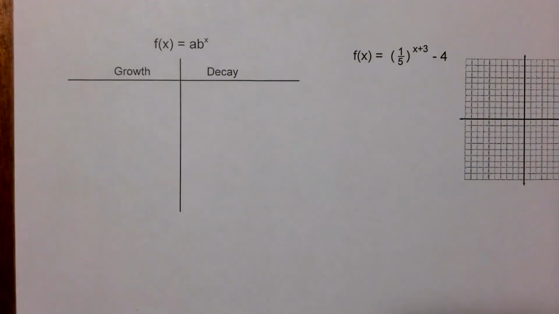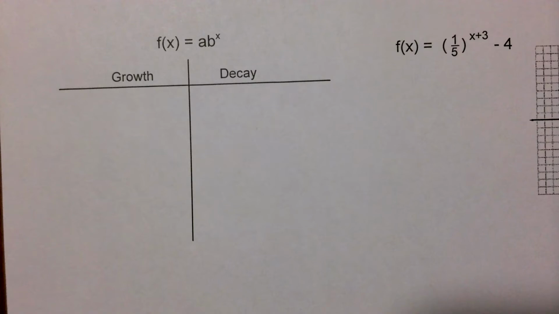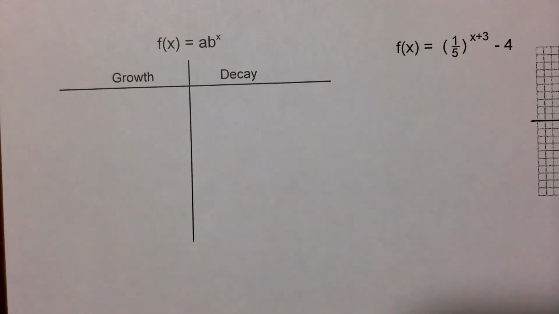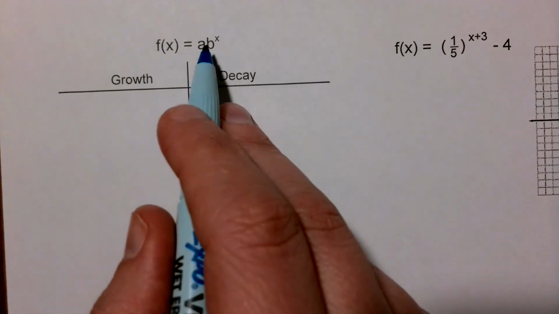Okay, so to summarize our growth and decay, in general, we're looking at f of x equaling a times b to the x. If we're looking at growth, we're looking for b to be greater than 1.